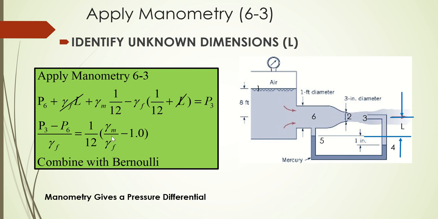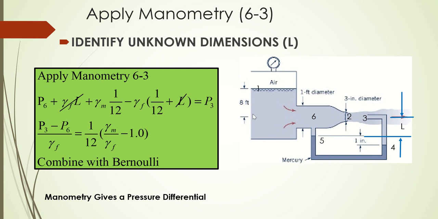So the pressure difference, this is what I'm looking for with my manometer. I'm looking to find a delta P. A manometer gives me a pressure difference, and that's what I'm looking to find, a pressure difference between 2 points.